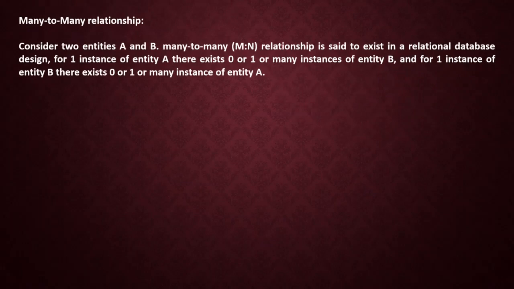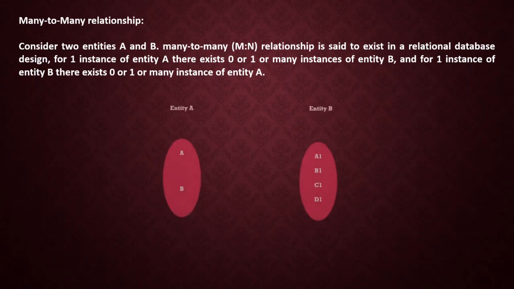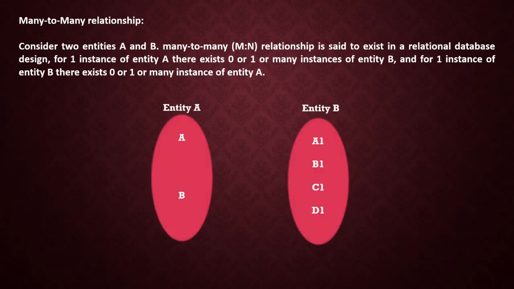Many-to-many relationship. The entity of first database is connected with many entities of database 2. For example, entity A database is having two entities A and B. The entity B database is having A1, AB, B1, C1 and D1 entities.